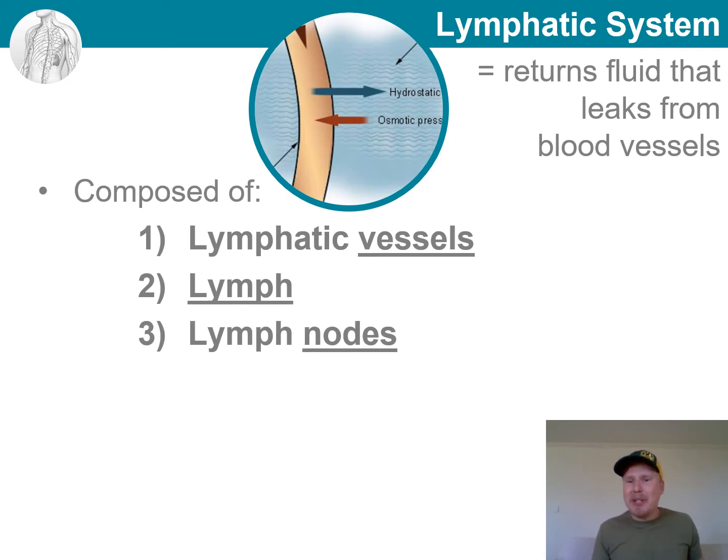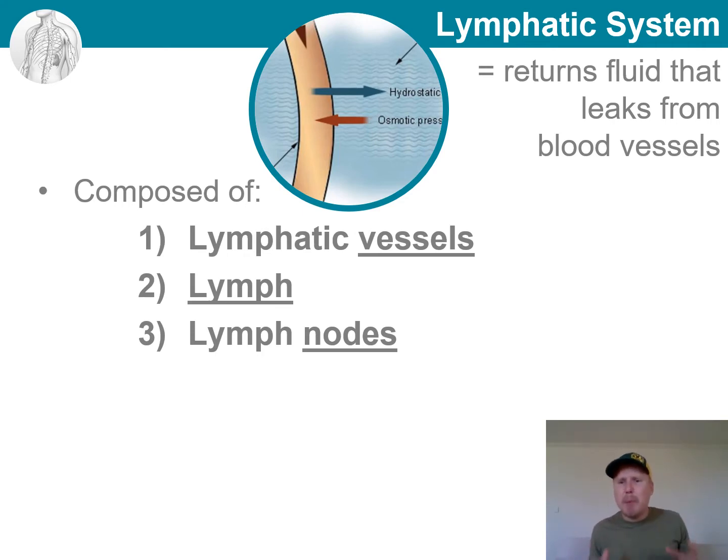I think that we should start by discussing what it is that the lymphatic system really aims to do. But to understand this, we need to first take a step further back. Remember when, in our unit on the cardiovascular system, we talked about capillaries being the site of exchange of materials.